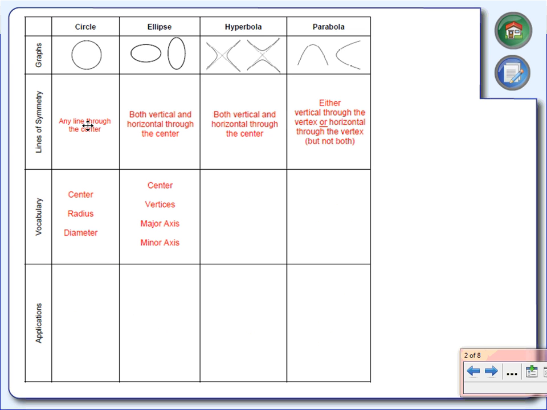More specifically, a major and minor axis of symmetry. But we'll talk more about those things later on. Probably won't get to that till about Wednesday or Thursday. Some parts of the hyperbola that we'll be looking at will be the center, vertices, and asymptotes.